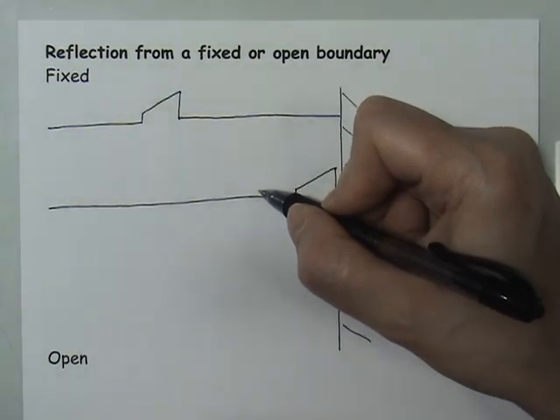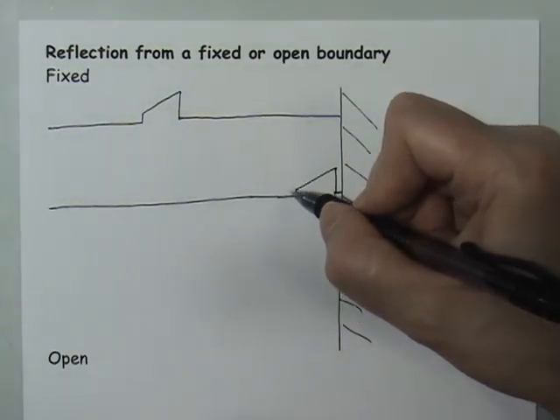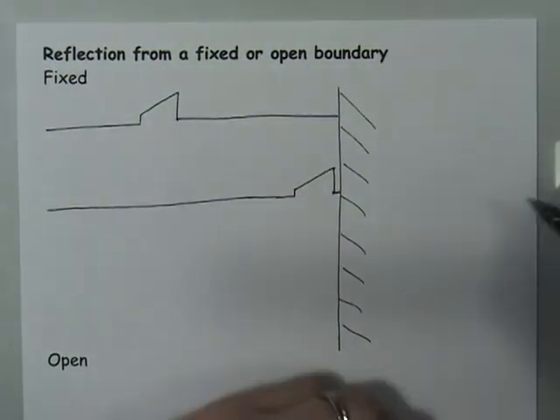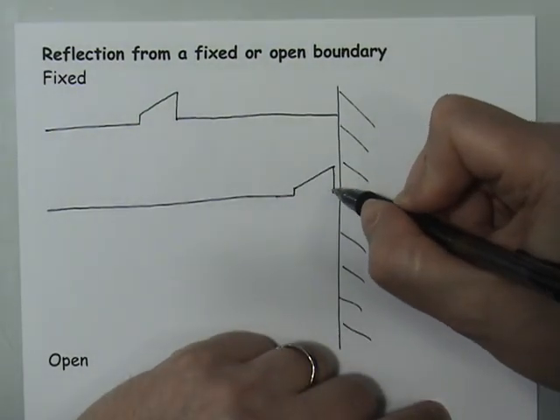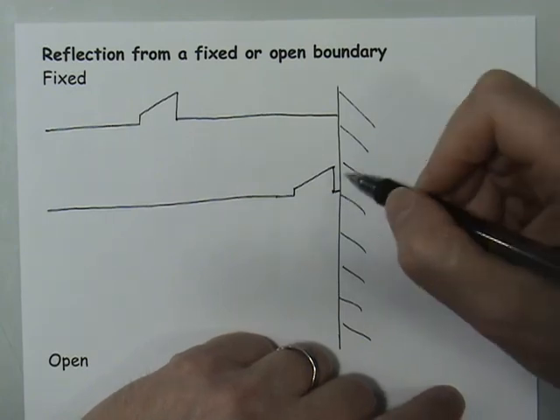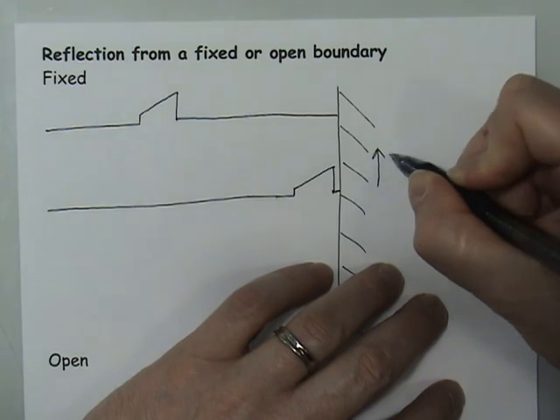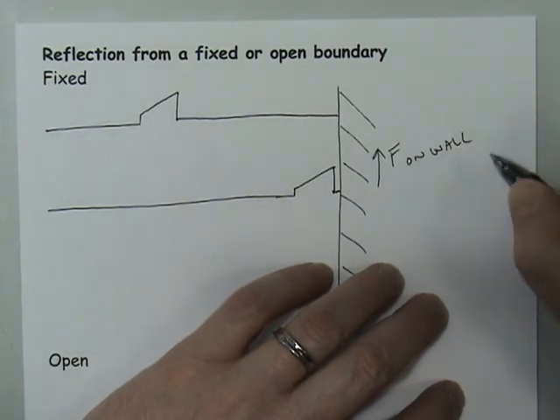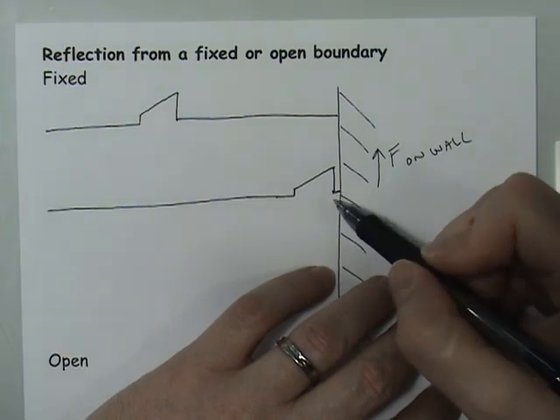That little piece of the medium pulls on the guy next to him, and that pulls on the guy next to him, and then the wave continues to travel down the line. So as this portion of the wave arrives here at the wall, it is going to begin to exert an upward force on the wall. Okay, the string will exert an upward force on the wall.